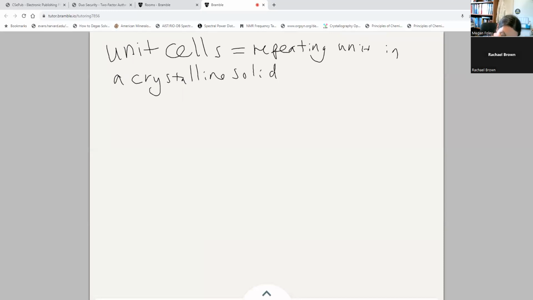There are many different shapes of unit cells. They can be a cube, they can be a rectangle, they can be a little bit more hexagonal. So there's all sorts of different shapes for these.